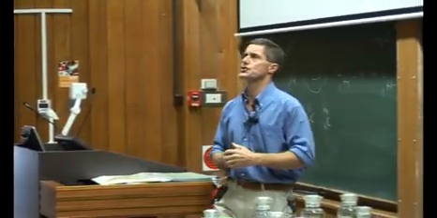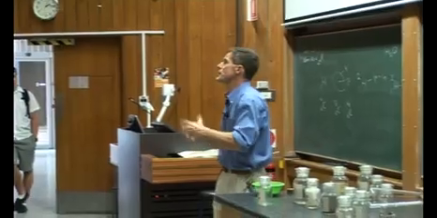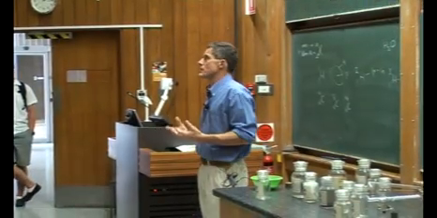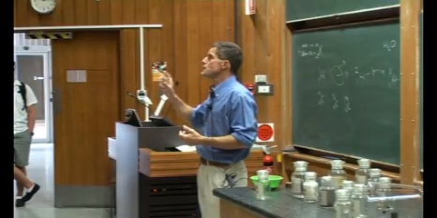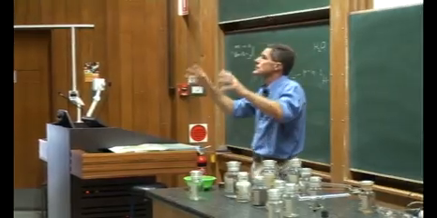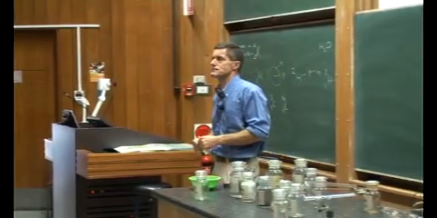Well, our interpretation of the atomic emission spectrum of an element is that what we're observing is movement of electrons within the outer part of an atom.